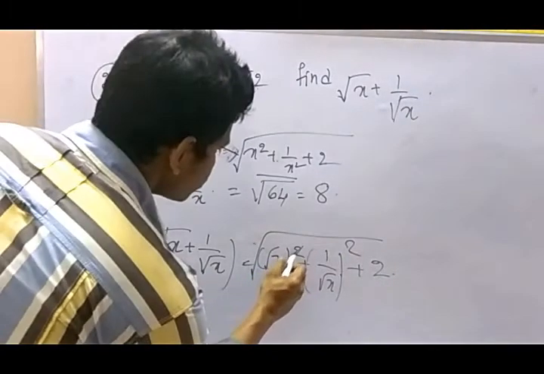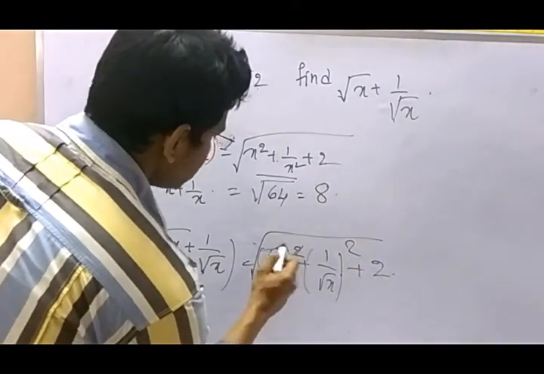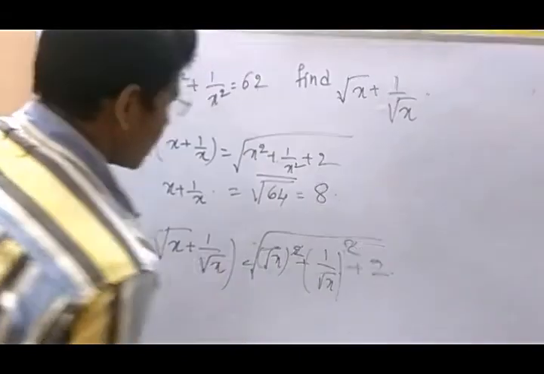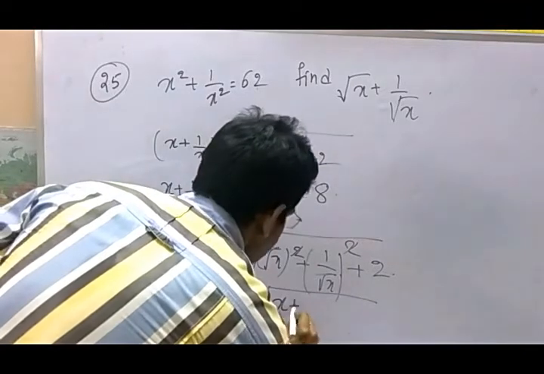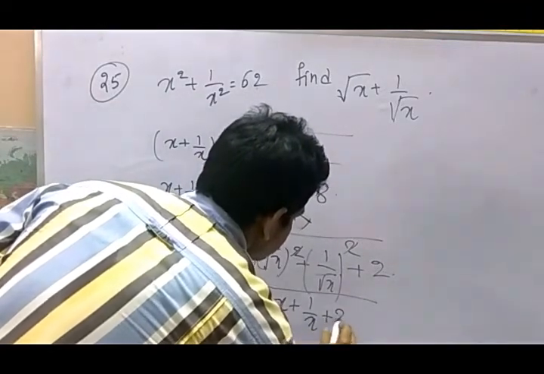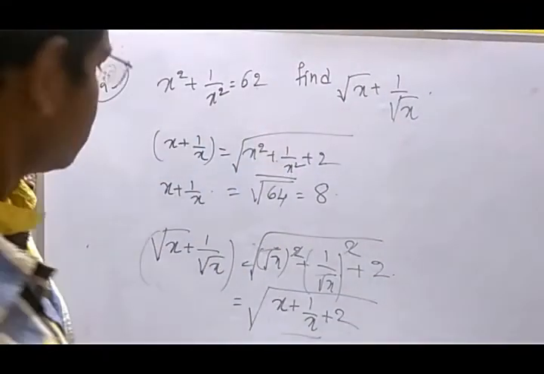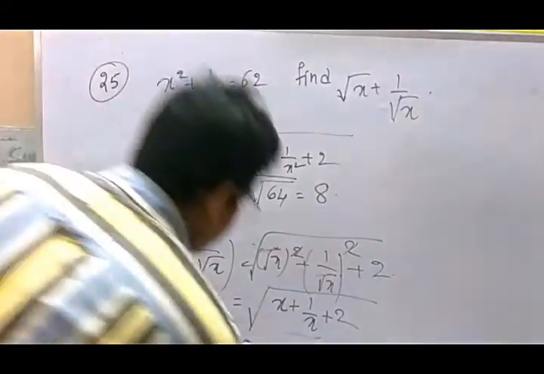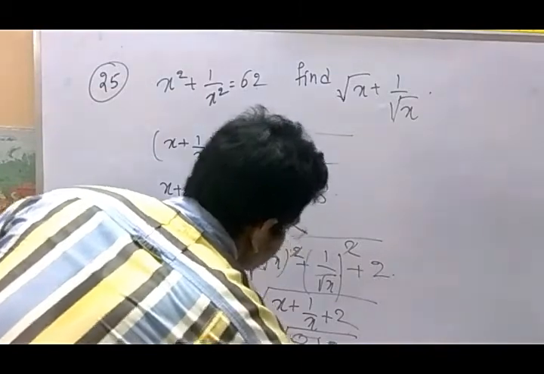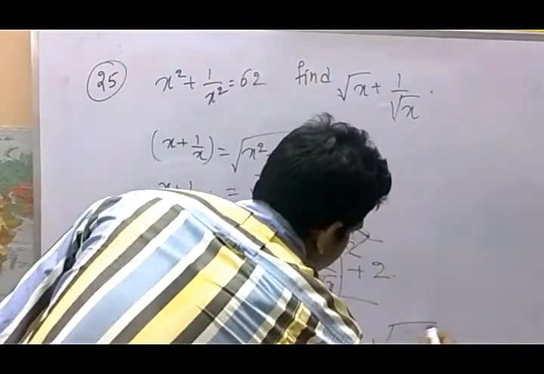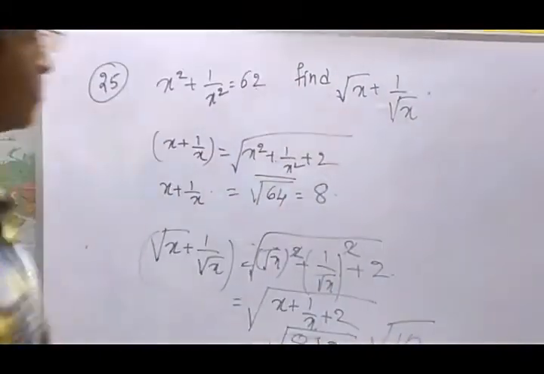So root 2 and this square get cancelled. So what we are left with? x plus 1 by x plus 2. What is x plus 1 by x? x plus 1 by x is 8. So root of 8 plus 2 equal to root 10.